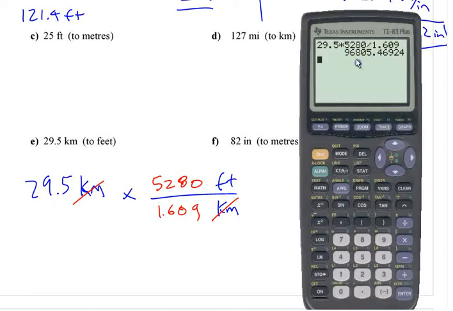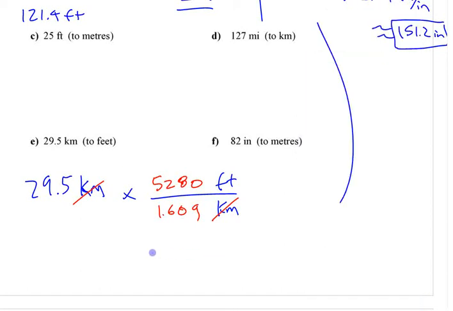Does that answer seem reasonable? It's a big number. So we have kilometers to feet. A foot's pretty short. A kilometer's pretty big. That makes sense to me. 96,805, probably that's close enough. Are we okay with this?